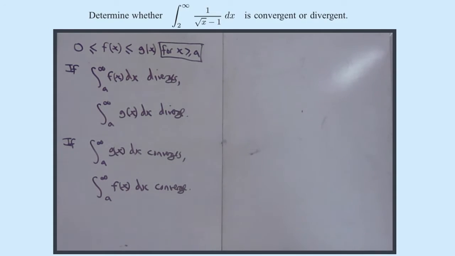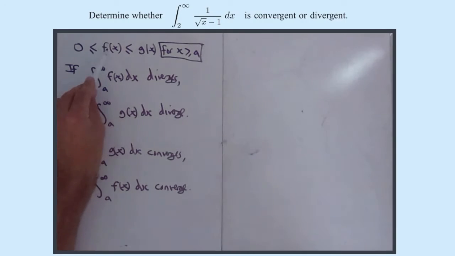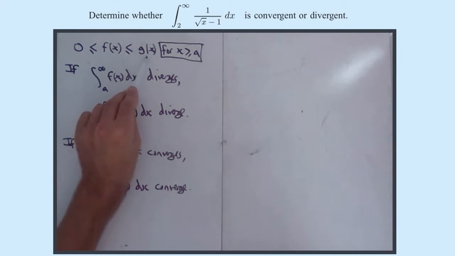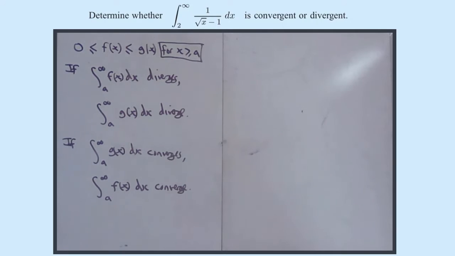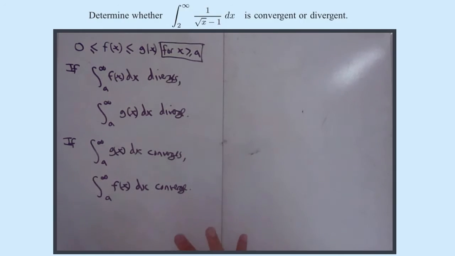So basically, if the small one converges, that doesn't tell you anything, and if the large one diverges, it doesn't either. It's all about bounding really. We're going to show that this will diverge, and we're going to use our new information about a p-series. We know that x is greater than or equal to 2 because our lower limit of the integral is 2.